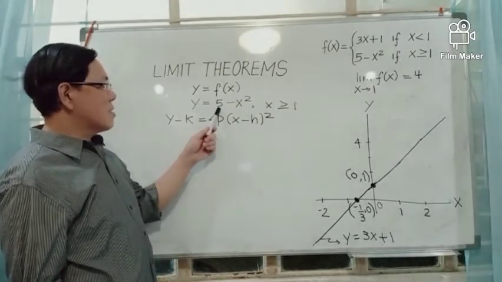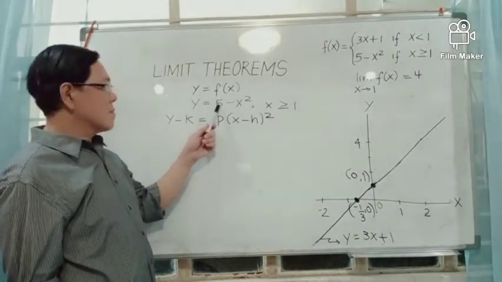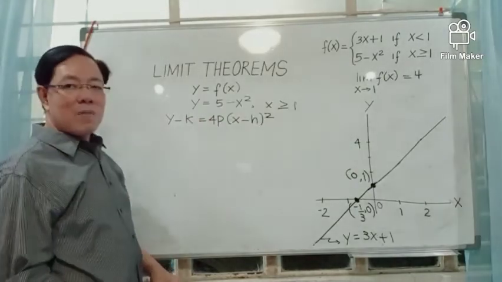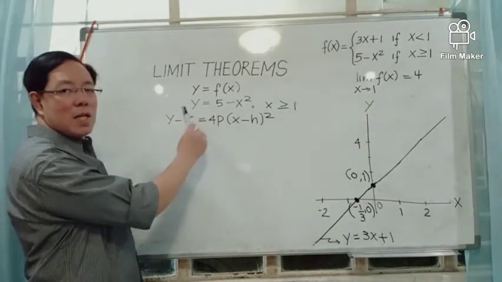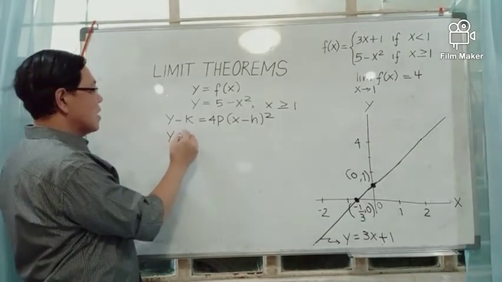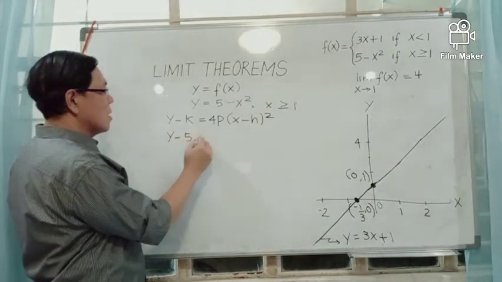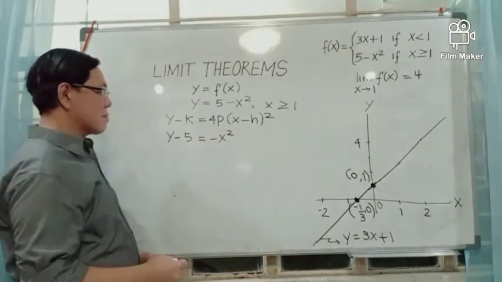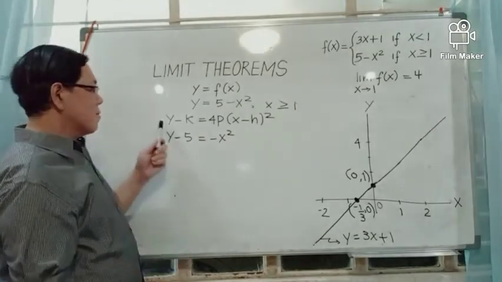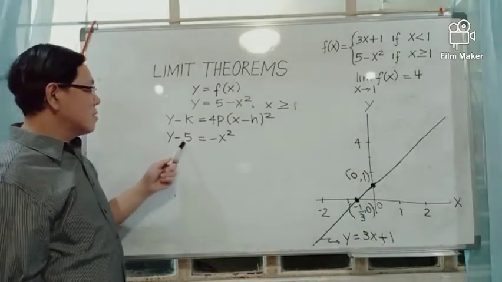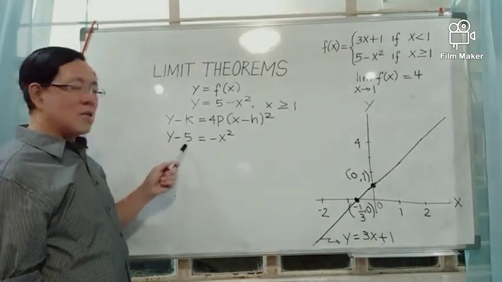Now we write this equation in this form for us to find the vertex and to know whether the parabola is open upward or downward. All the constants should be transposed to the left side. So we start by transposing 5 to the left side. And we get y minus 5 equals negative x squared. Comparing this to the general form of a quadratic equation in x, we now can see that k is equal to 5.